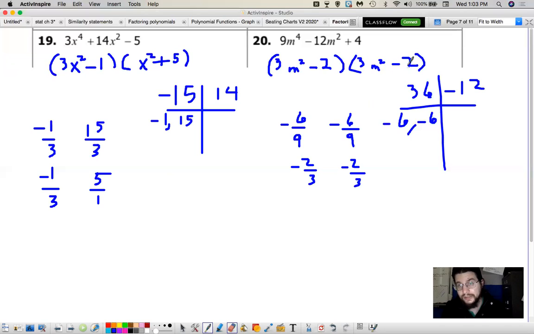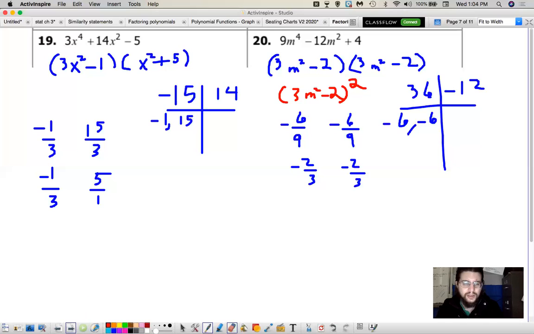Not a difference of squares because that and that are not perfect squares. Now we could rewrite this as 3m squared minus 2 squared, because it's the same thing times itself, right? And we will be doing that later for multiplicity's sake, but right now I'll take either one.